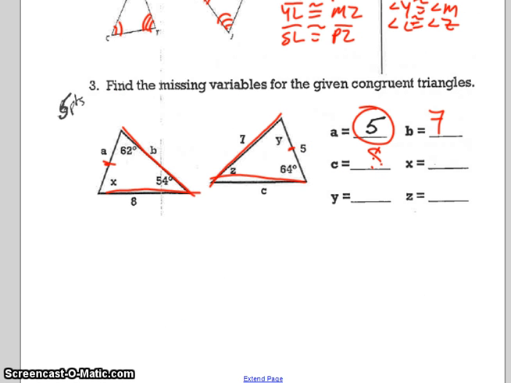Extend the page so we don't get this blotch here. X, this angle is congruent to this angle, corresponding to this angle, so 64 degrees. Y, right here. And Z. Okay.